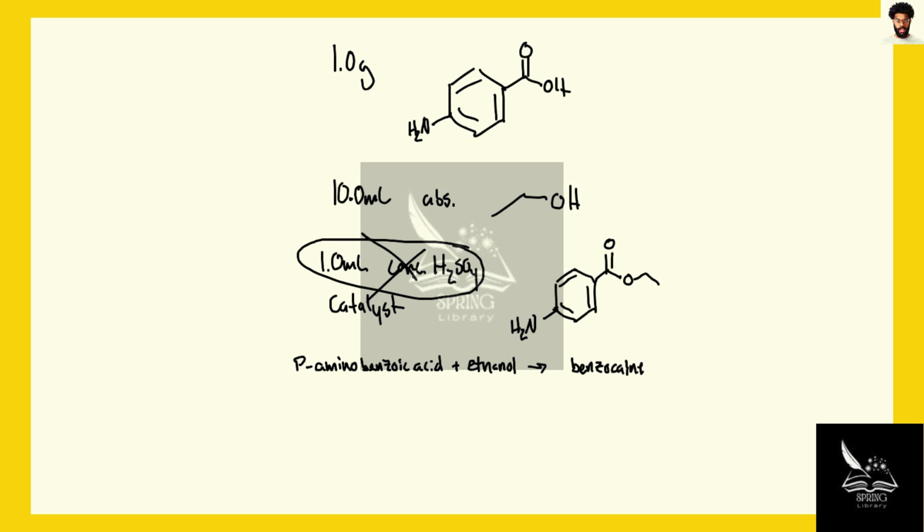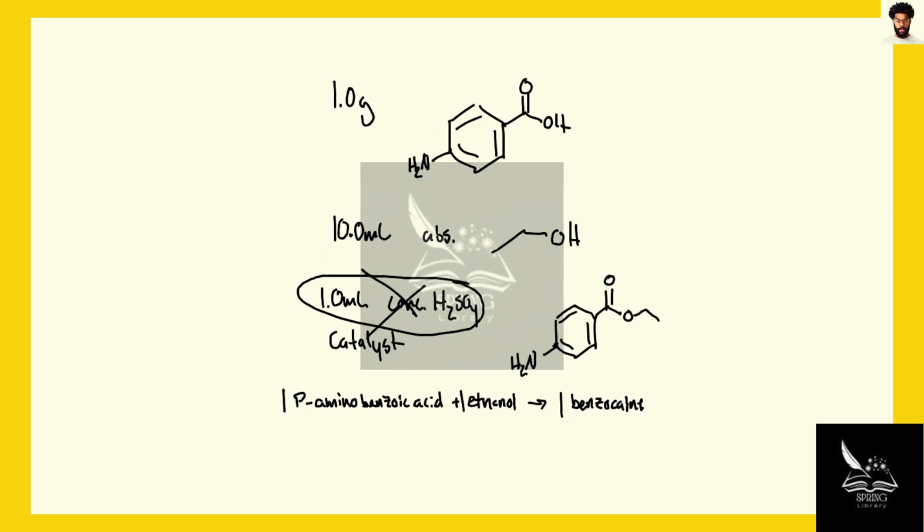And the stoichiometric coefficient on everything is 1. It's 1-to-1-to-1. So the reaction is balanced. So really all we've got to determine is, is our p-aminobenzoic acid the limiting reagent, or is our 10 mils of absolute ethanol the limiting reagent, or do we have less moles of aminobenzoic acid or less moles of ethanol? So let's take a look at that.